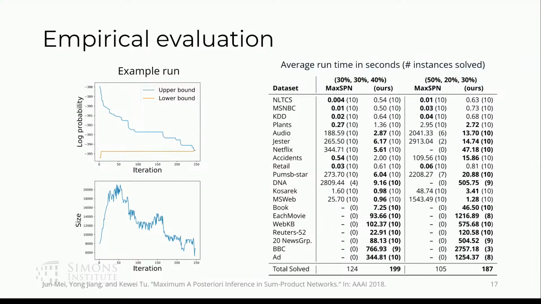But as we continue and tighten the bound, we can prune more and more parts of the circuit. And at the end, what we actually end up with is even smaller than what we started with. And this is a visual representation of what's happening in each iteration: we start from some lower bound and upper bound and iteratively tighten it until we end up at the exact solution.